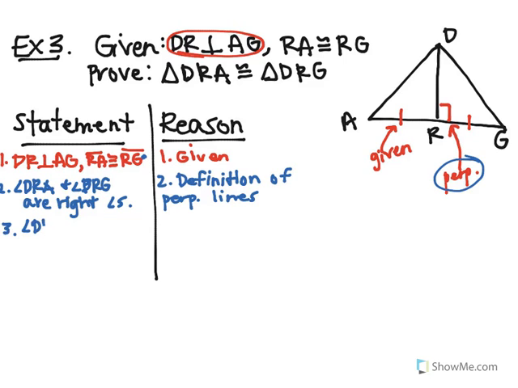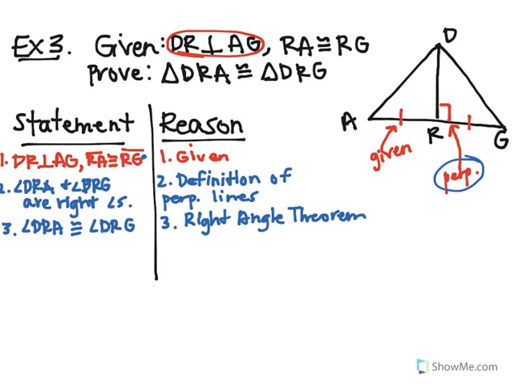So angle DRA is congruent to angle DRG. And the reason is because they're both right angles. So you can just put right angle theorem, or definition of right angles. We know that they have to be 90 degrees, so therefore they are exactly the same.